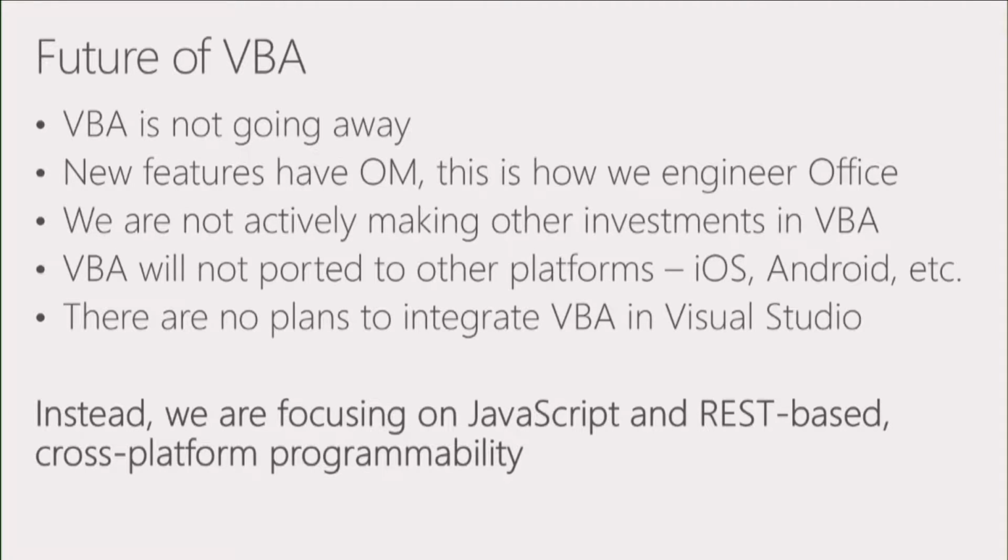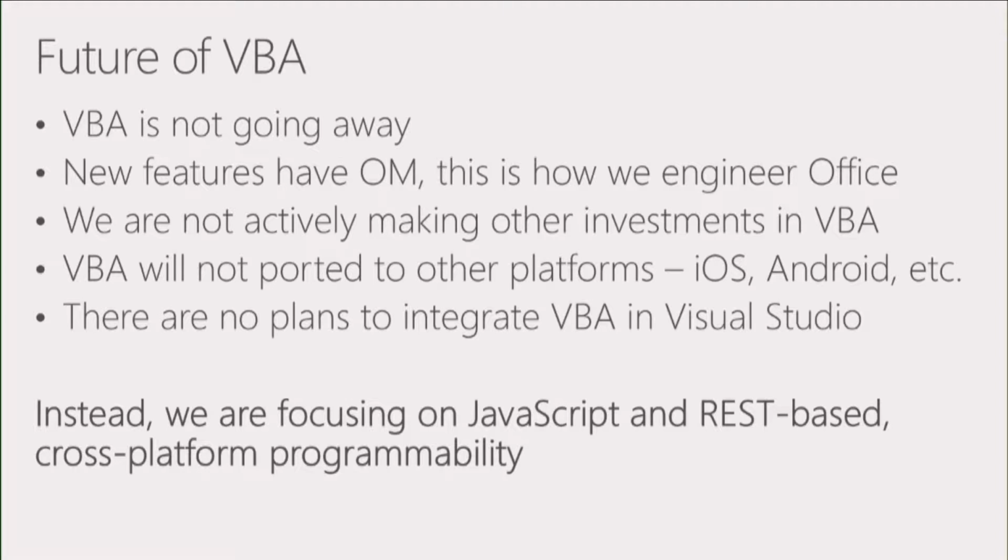So in that sense, VBA, which is actually currently the most used extensibility model for Excel, continues to be there. The thing is that it will fit some scenarios, not all the scenarios. We continue to build our OM on top of it, but we're not actively making investments in the sense of porting it to other platforms.